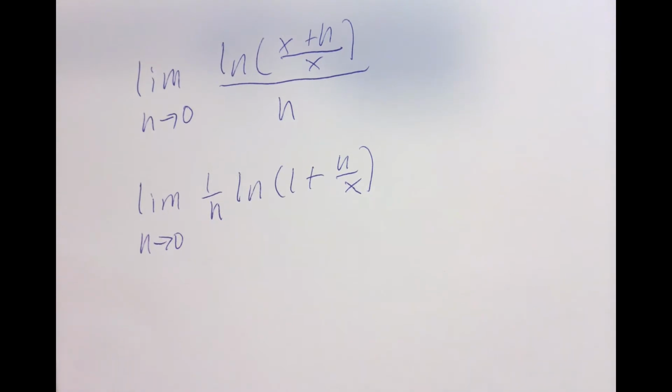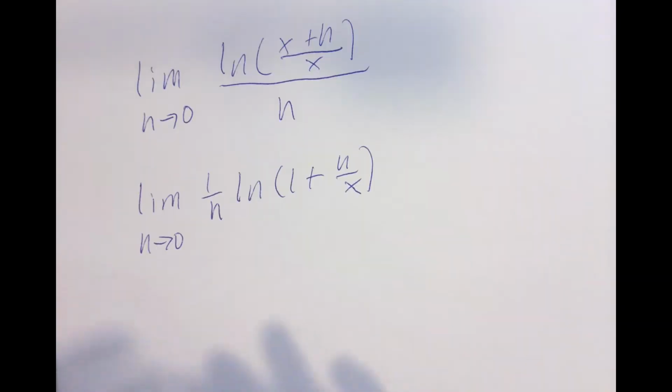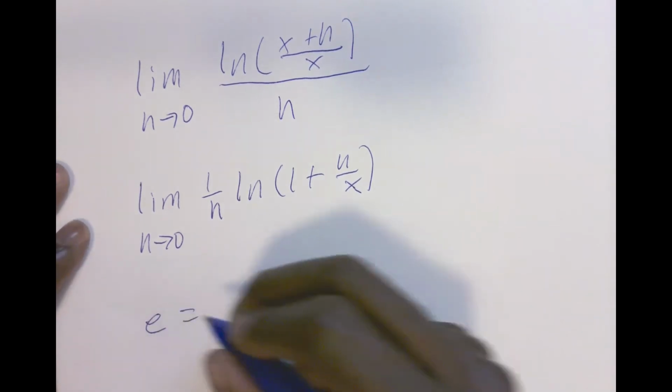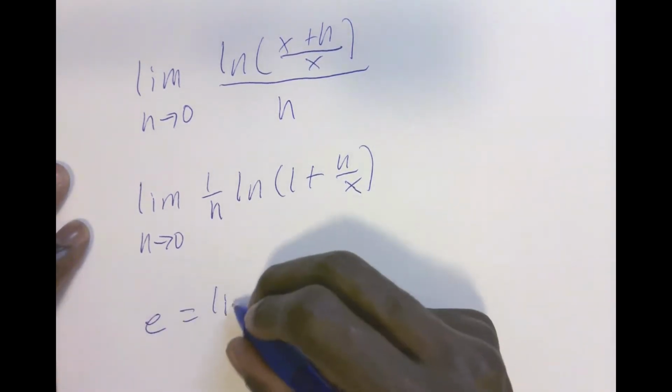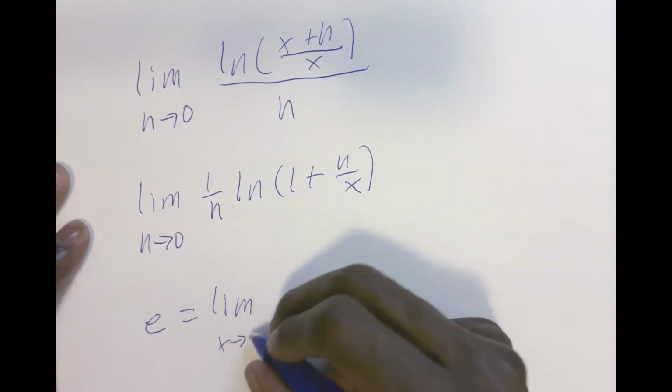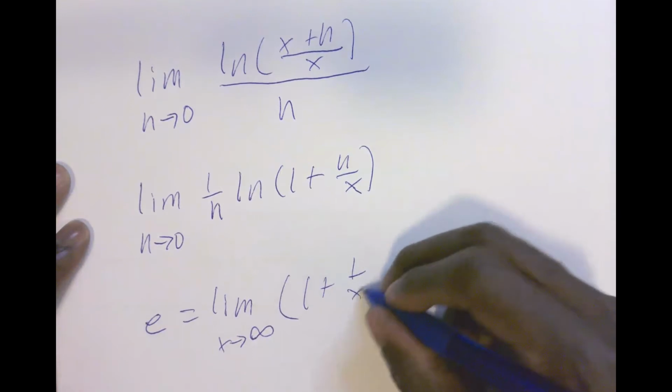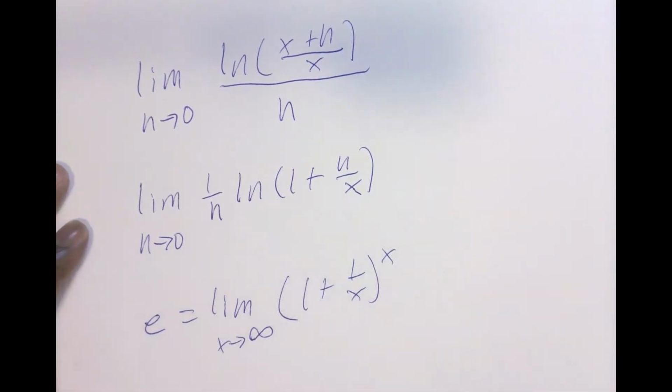And so now, let me let you in on what I'm trying to accomplish here. I'm trying to turn this into e on the inside, the number e. So e by definition, or one of the definitions for e, is that it's the limit as x goes to infinity of 1 plus 1 over x raised to the power of x.